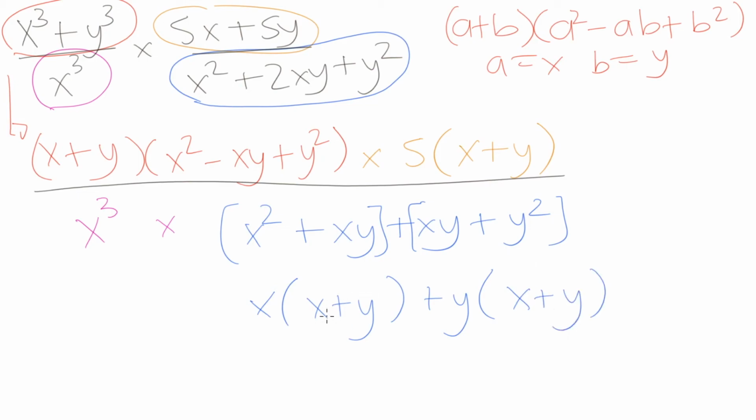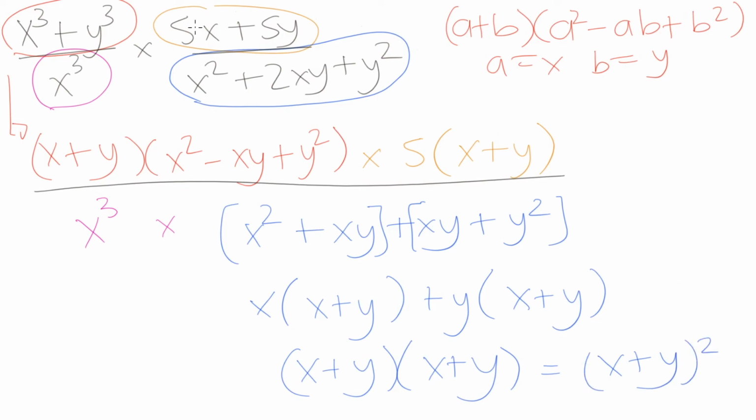And now we can see that we have x plus y as a common factor, so we can factor out our x plus y, and we're left with x plus y again. And this is the same thing as x plus y squared. So we can factor this expression in blue as x plus y squared.